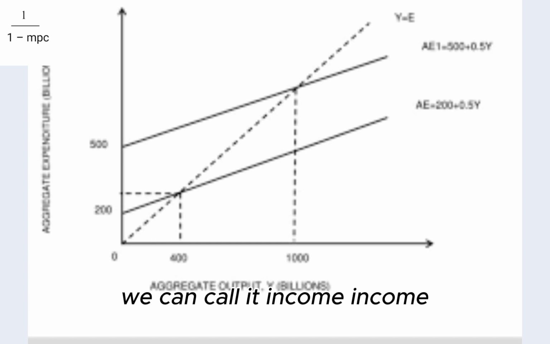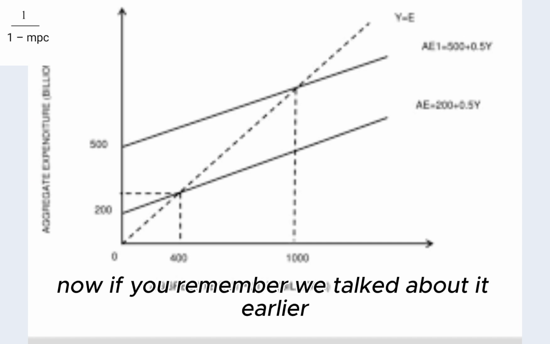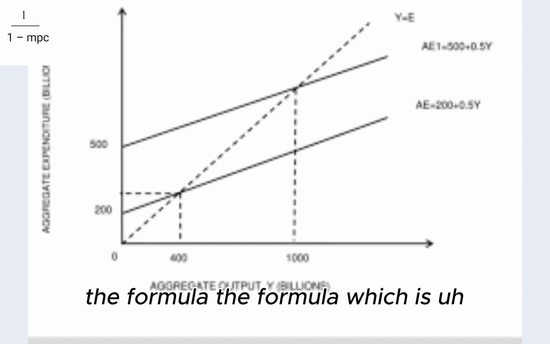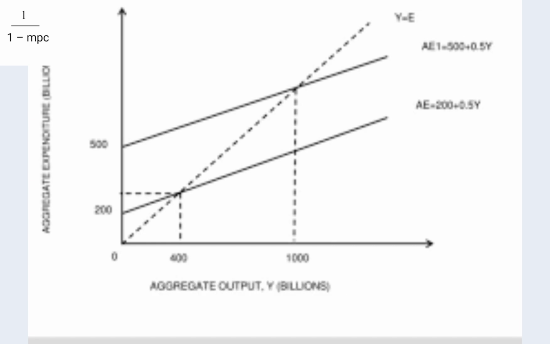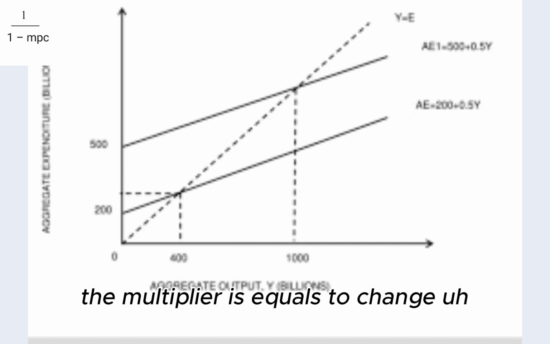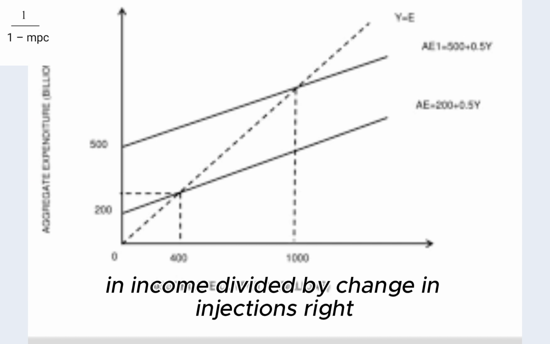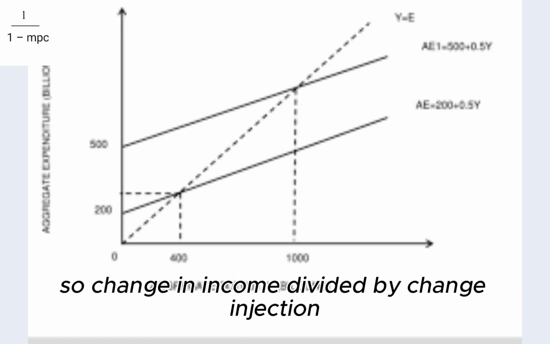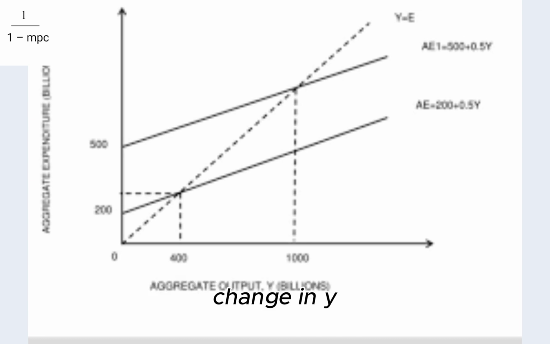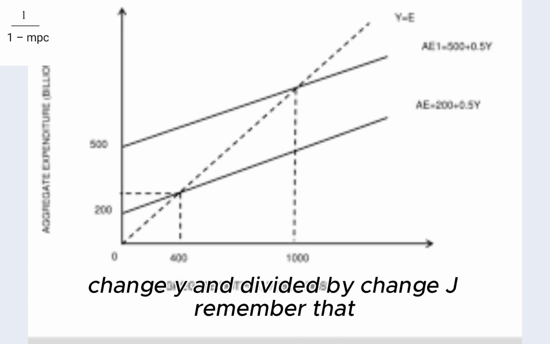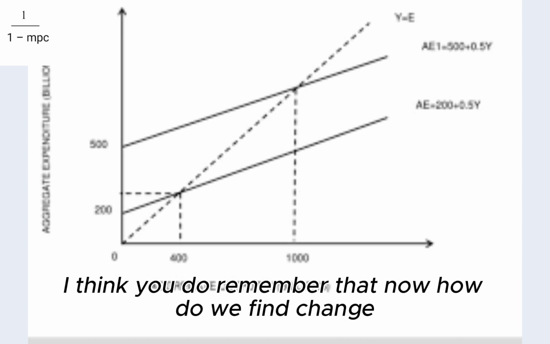Aggregate output, you can call it income. Now if you remember, we talked about it earlier, the formula: the multiplier is equal to change in income divided by change in injections, right? So change in income divided by change in injection, change in Y divided by change in J. You remember that? I think you do remember that.